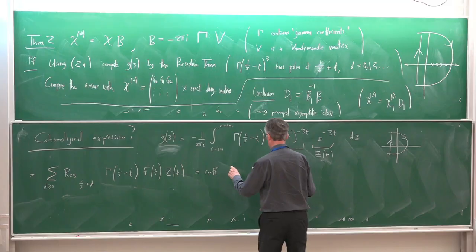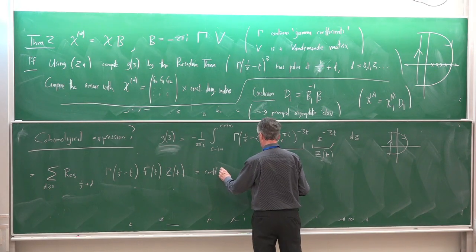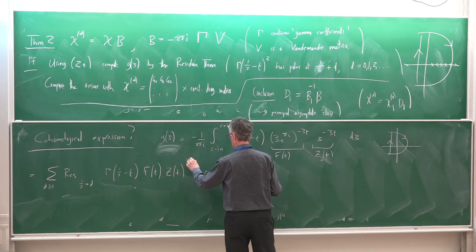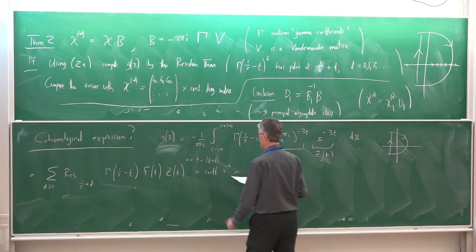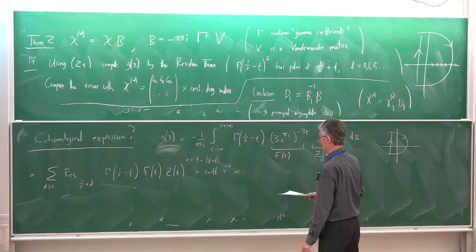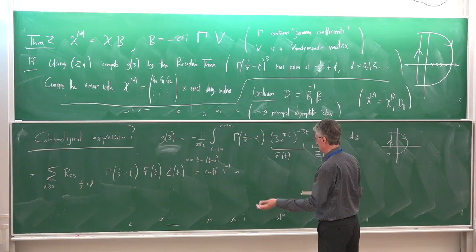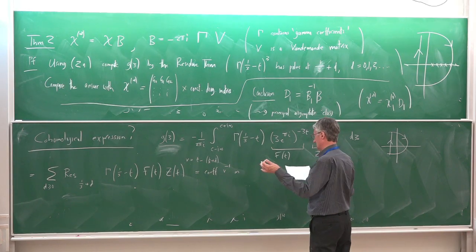It's the coefficient of v to the minus 1. So I'm going to introduce v as this expression. So 1 over that expression for the residue, for the Laurent expansion, and the coefficient of 1 over that.